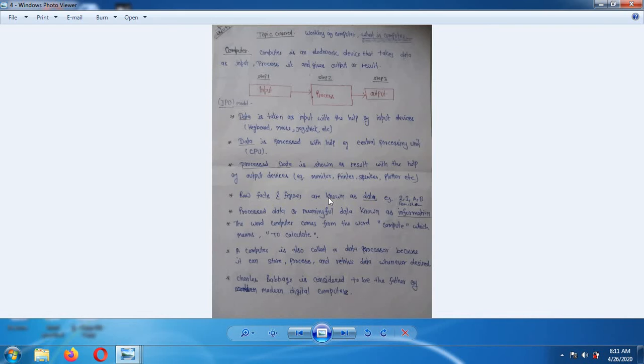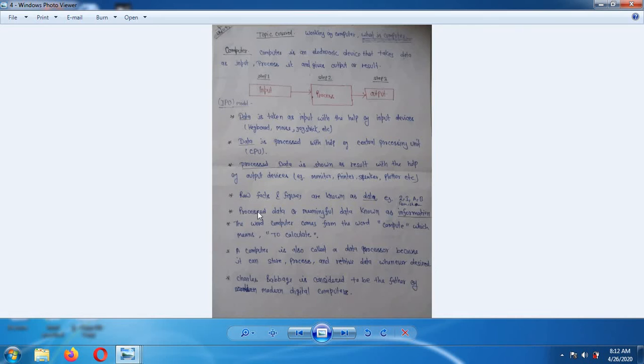So data is given to the computer, and the computer takes the data with the help of input devices. Input devices like the keyboard, mouse, joystick. These are the input devices. And the second step, this data goes to the CPU.